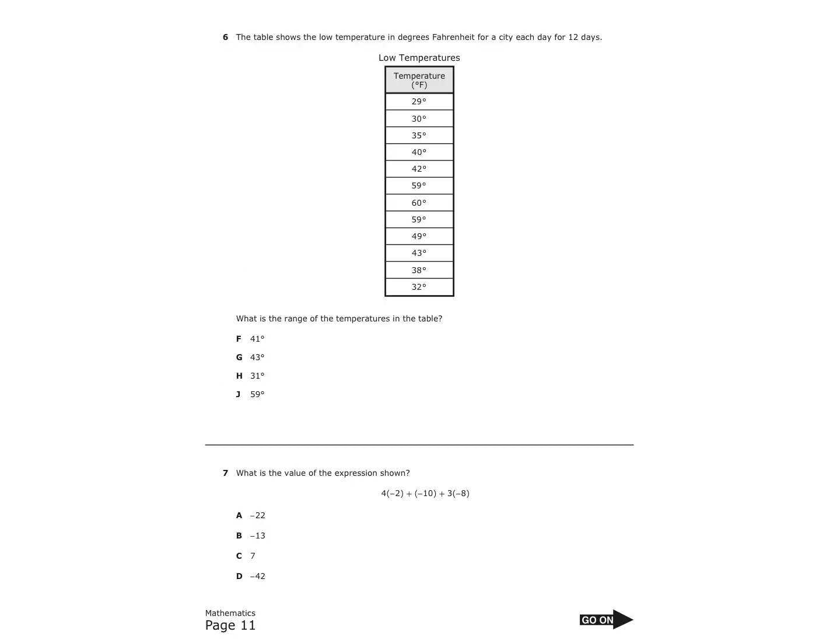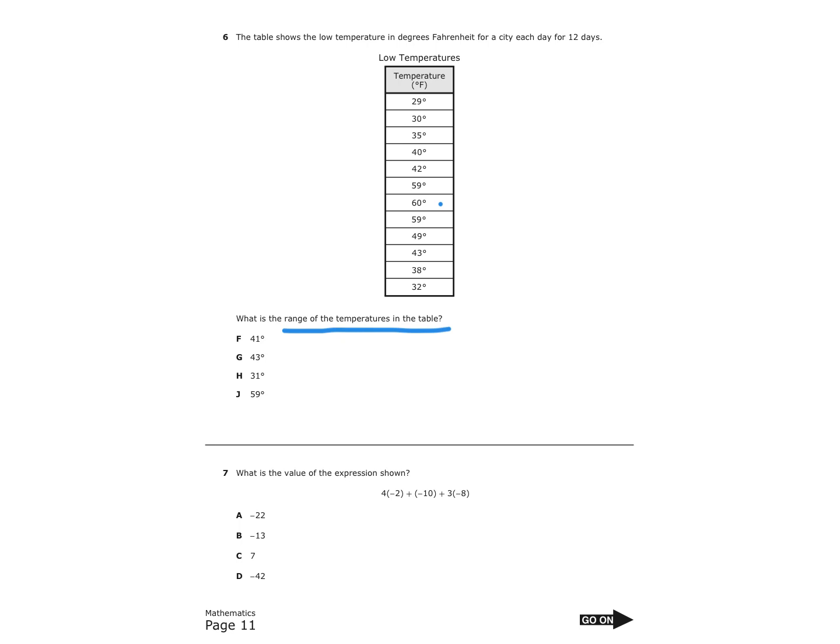Okay, problem number 6. The table shows the low temperatures in degrees Fahrenheit for a city for each day for 12 days. And so what is the range of temperatures? So the range is going to be the highest minus the lowest. And so 29, 30, 35, 40, 42, 59, 60. This might be the highest.